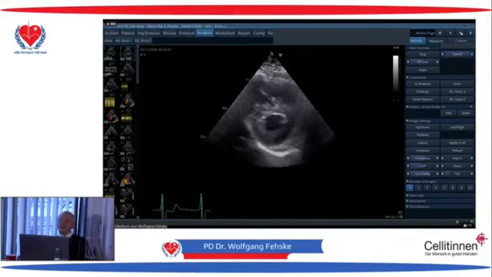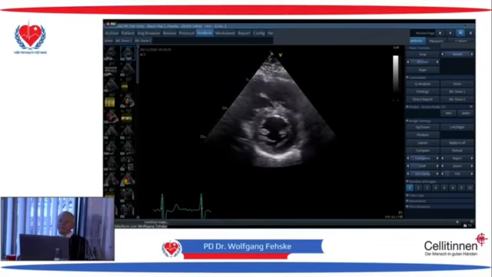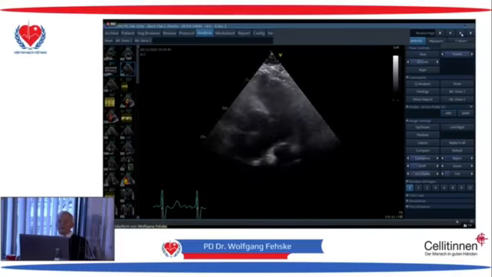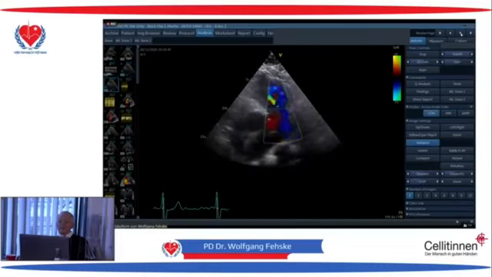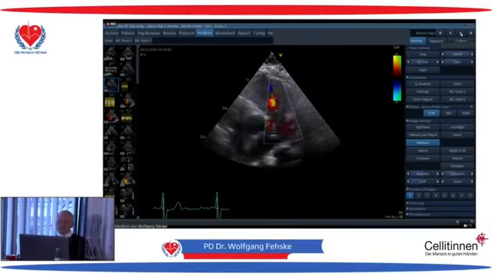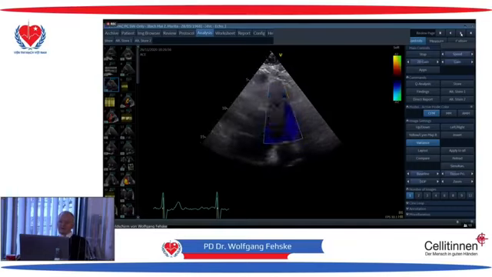As you see here, this is paradoxical septal motion. The only question is, what is with the pulmonary circulation? Is there a higher resistance? Is this a kind of Eisenmenger syndrome? Can we close the ASD or should we leave it open?